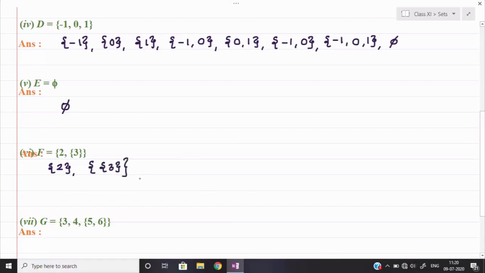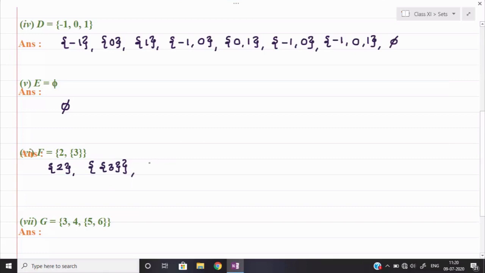So here double curly bracket will come, that you need to remember. Because the outside curly bracket is the symbol for the subset. Since we are writing as a set over there, that's why we are writing in the curly bracket, and inside the curly bracket the {3} is a part of the element. The element is defined in such a way that it comes along with the curly bracket only.